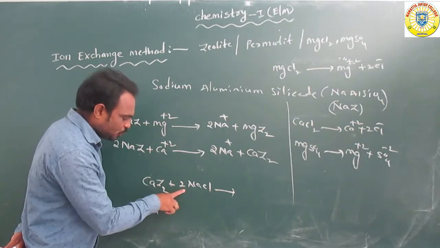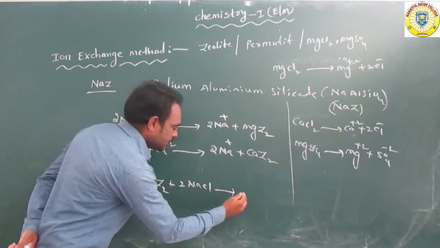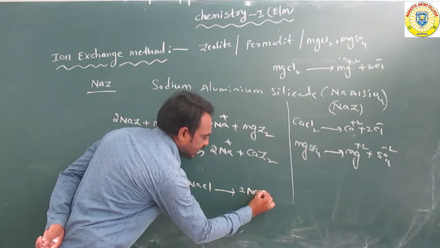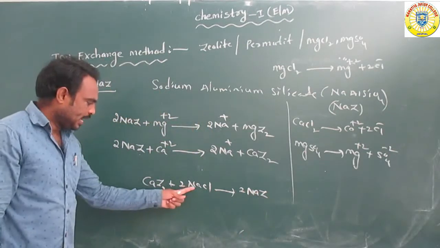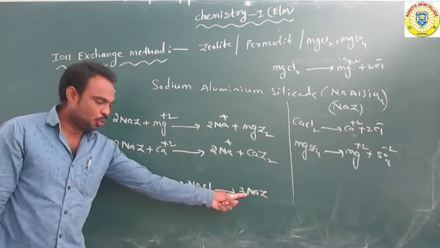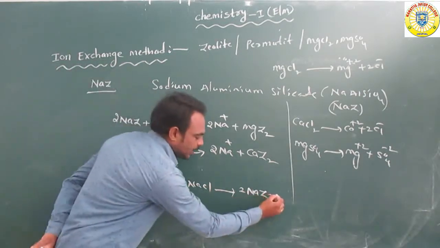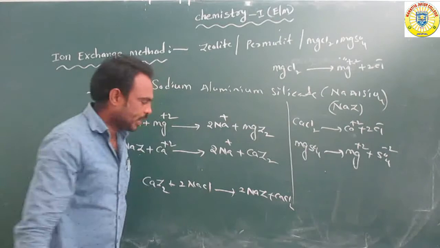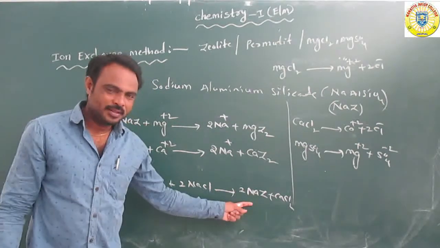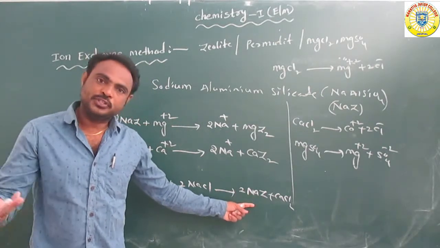CaZ2 plus 2NaCl gives rise to 2NaZ and CaCl2, calcium chloride. NaZ is the zeolite.